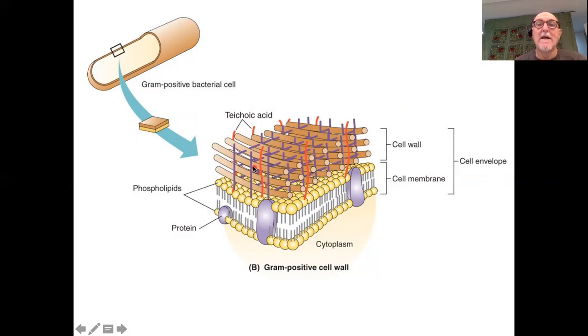And they are all tied together with a substance called teichoic acid. So they have a thick, rigid outer cell wall, and that is all. Get this straight because you'll see the difference in a minute. In the gram positive, there is only the plasma membrane, forming a cell membrane here, and then the cell wall on the outside, and it is thick.